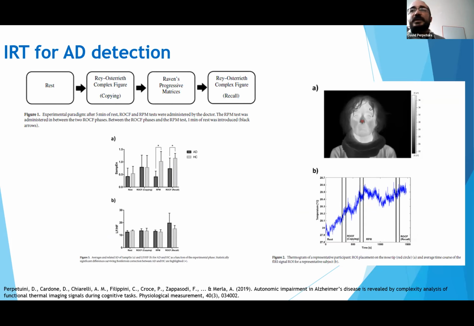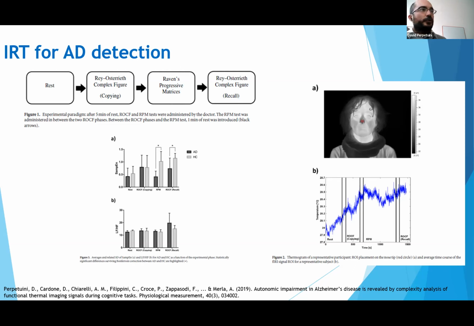And as we can see, the nose temperature has a modulation related to the execution of the task. Evaluating also in this case some frequency metrics and the sample entropy of the thermal signal, we can see that we are able to discriminate the patients from healthy controls.